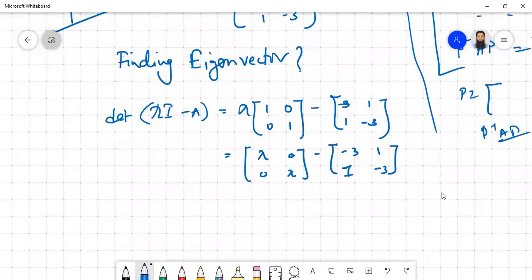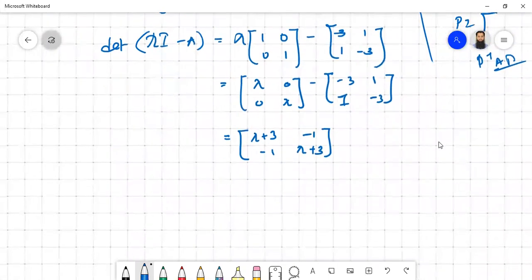If we simplify a bit, it becomes [lambda plus 3, minus 1; minus 1, lambda plus 3]. Then we cross multiply, and it gives us (lambda plus 3) whole squared minus 1.